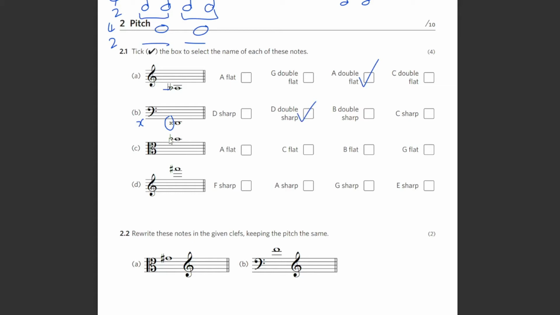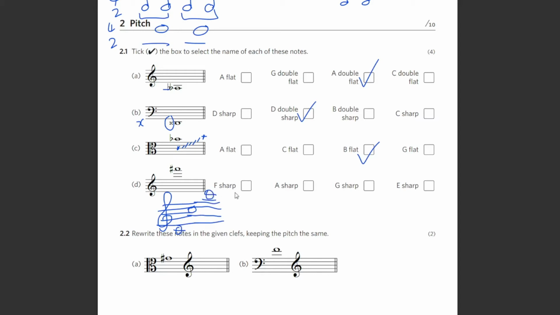Then this one is a flat, so all of them are flat, so you cannot eliminate any. So let's count. This is the note C, C, D, E, F, G, A, B. So this is B flat. Then next, this is treble clef. For my students in music theory, I always ask them to remember a few reference notes, and they are middle C, one octave higher, this is also C, and another C that is 2 octaves higher than middle C, which is here.